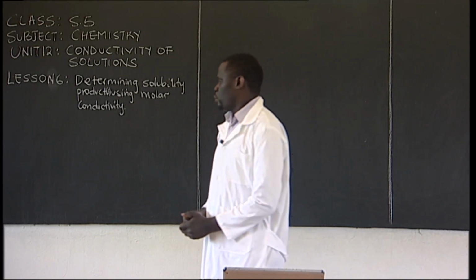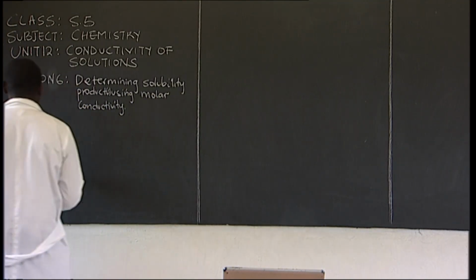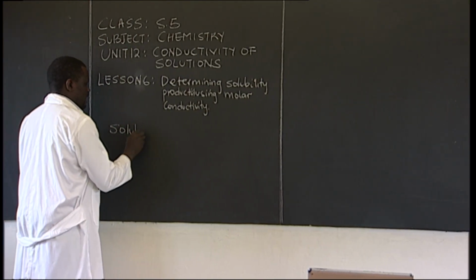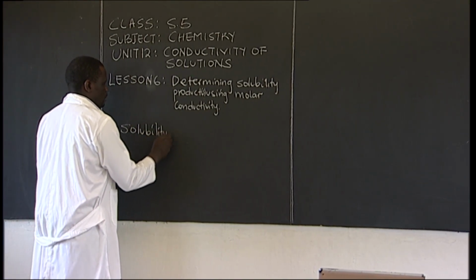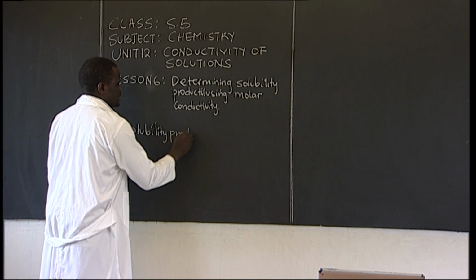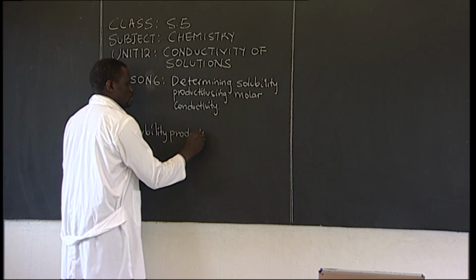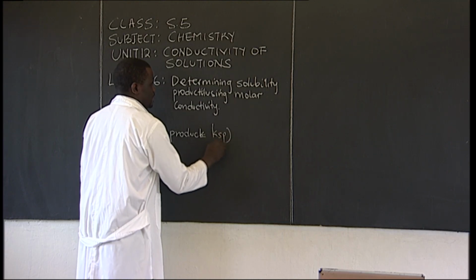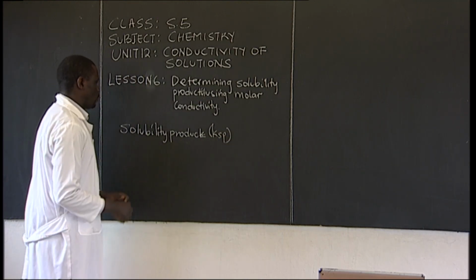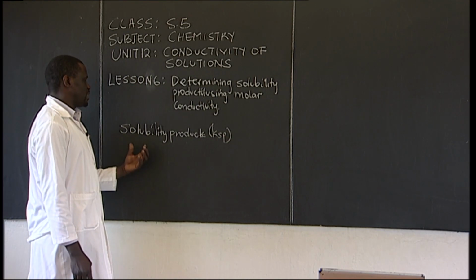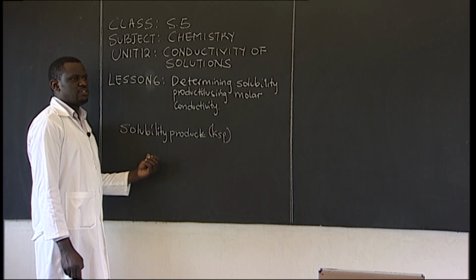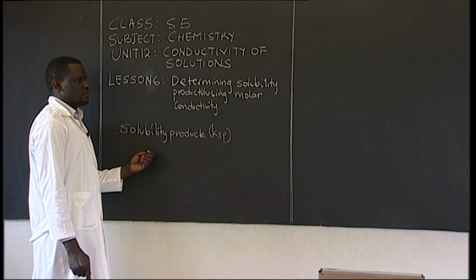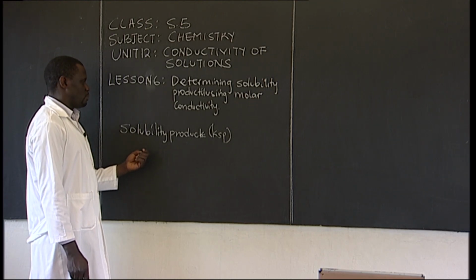Here we are going to refer to it as KSP. If you look at our definition, we have said it is a product of concentration of ions raised to appropriate what? Powers in a saturated solution of a sparingly soluble salt.